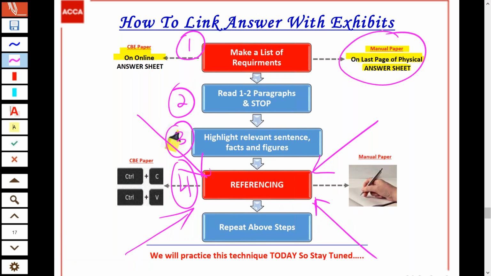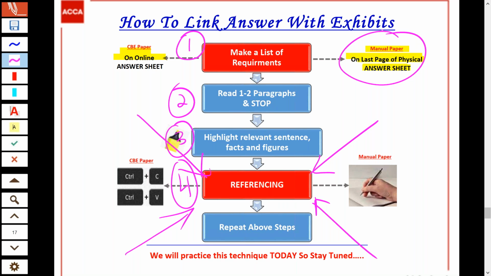For manual paper, you can use a highlighter. You have to use a highlighter. Do not underline. Please carry 2 or 3 highlighters with you. You are absolutely allowed to use highlighters in your exam, and I am very confirmed about this. And once you have highlighted, you can write your referencing on the side.